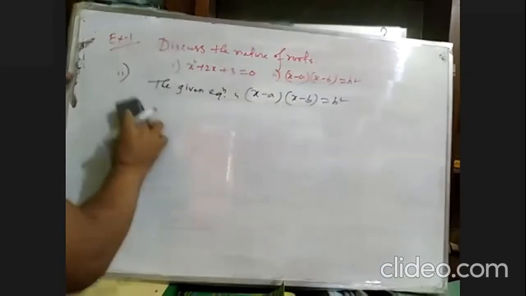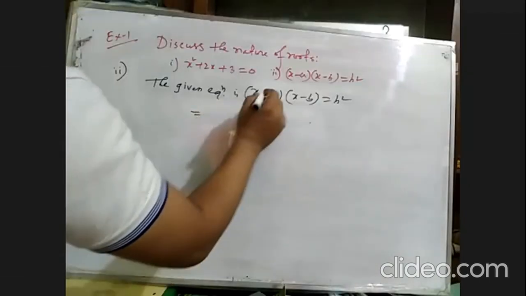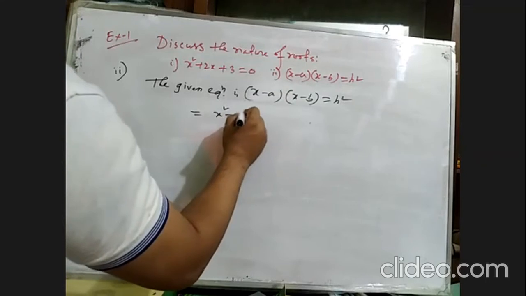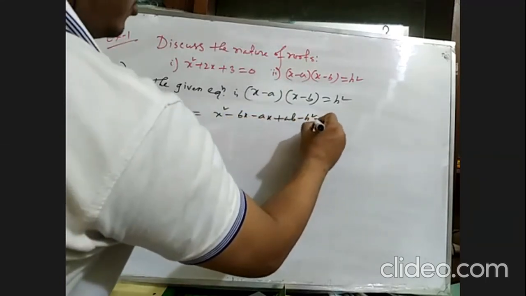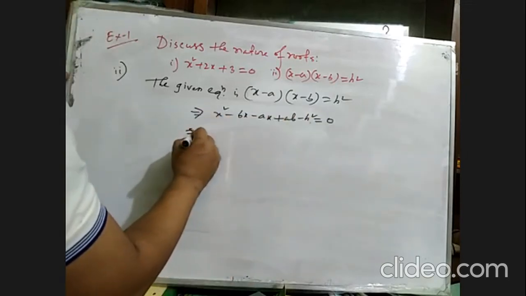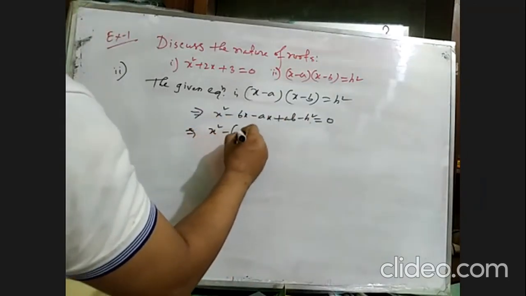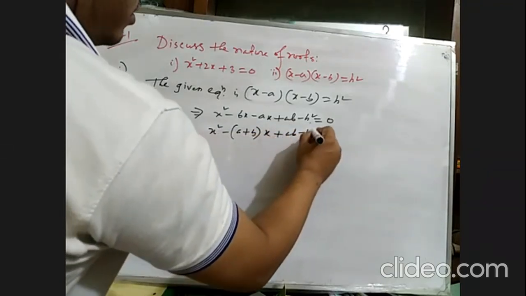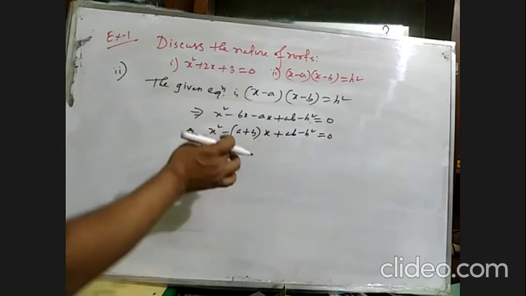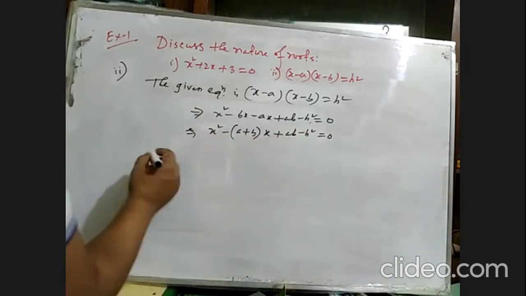First of all, we have to multiply this. X square minus bx minus ax plus ab minus a square equals to 0, or x square minus a plus b into x plus ab minus a square equals to 0. Now this is the quadratic form.